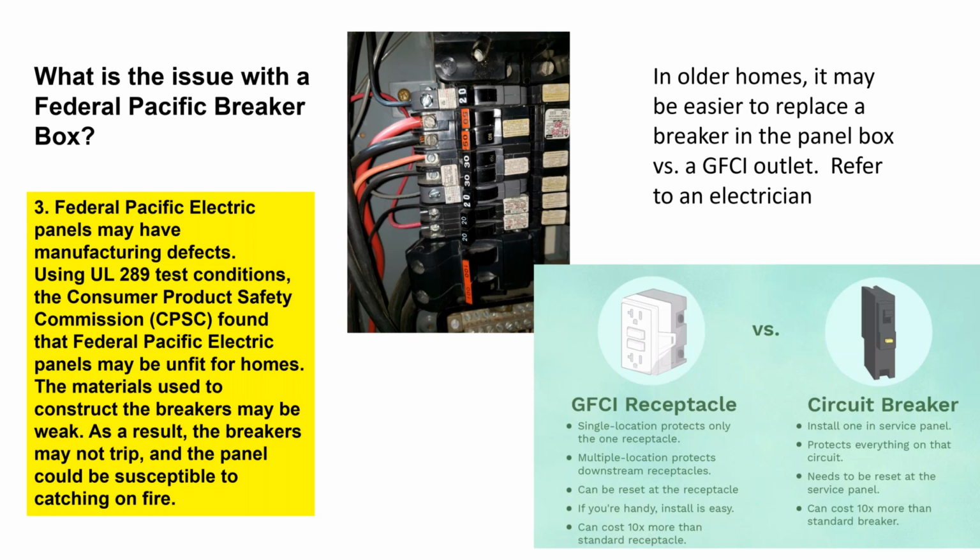But because older homes were built differently back then, sometimes you can't get a GFI outlet into the wall. So to get around that, you can install a GFI circuit breaker into your panel box. Just because you don't see this by the kitchen or the bathroom doesn't mean it isn't GFI protected. Look at the breaker panel box.